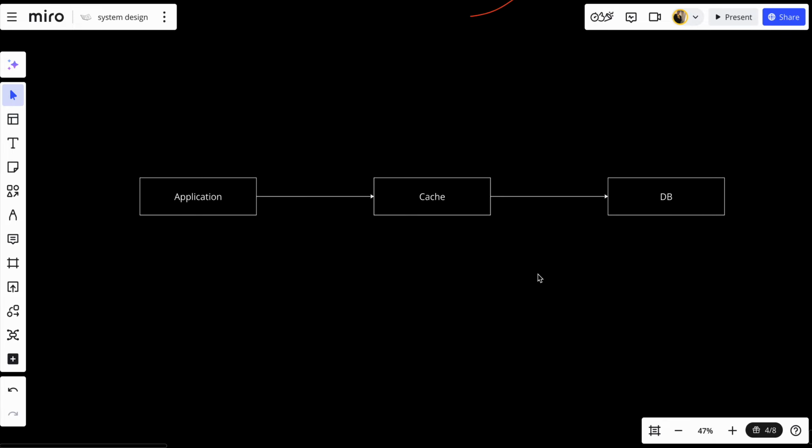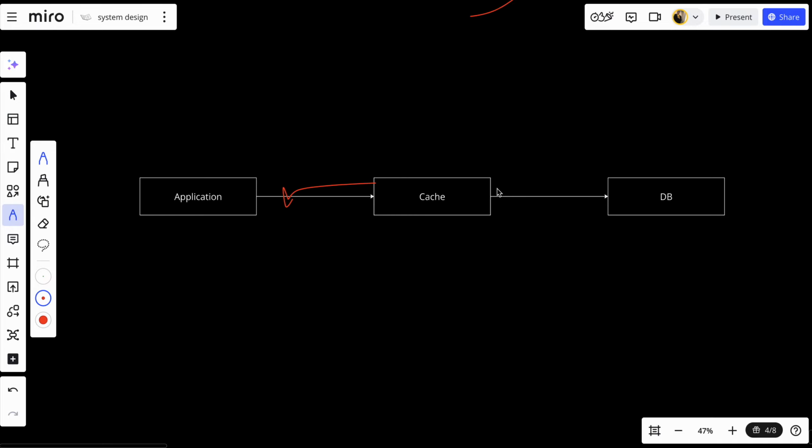In the read-through cache strategy, the cache sits in line between the database and the application. When the cache misses, it loads the missing data from the database, populates the cache, and then returns it to the application. It's pretty simple. If the application needs to read something, it will be served directly from the cache.